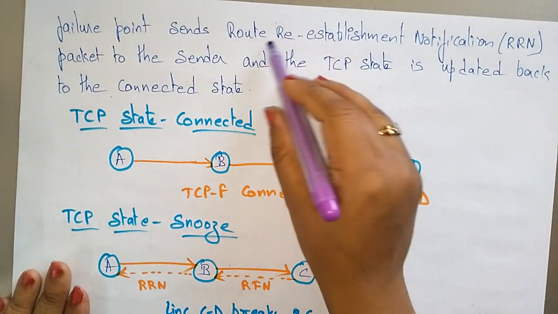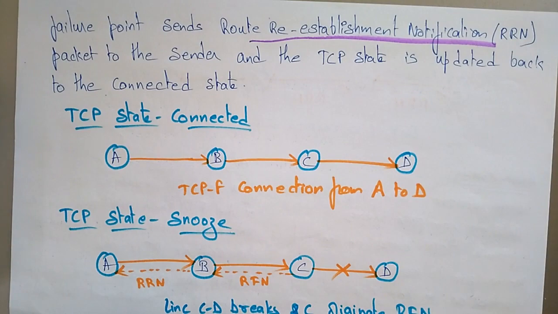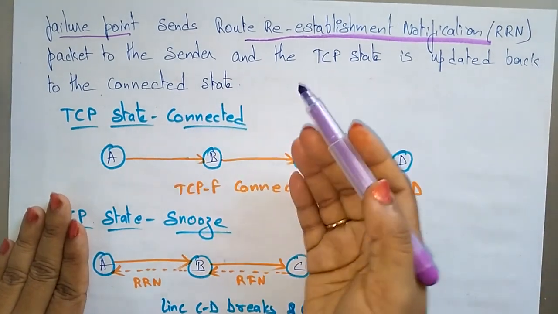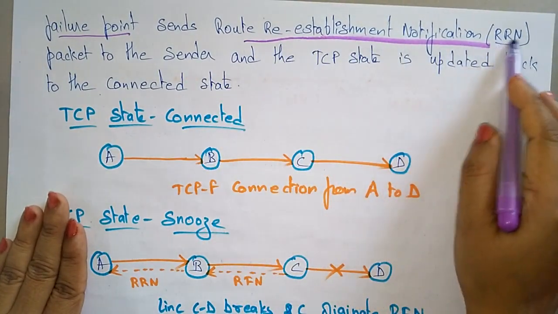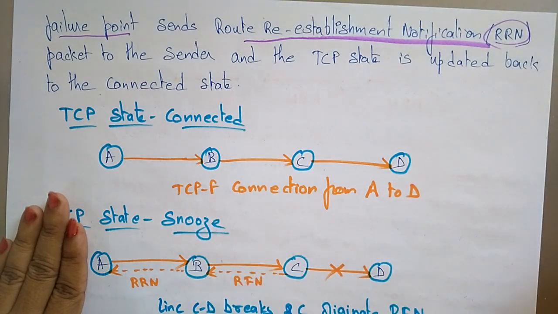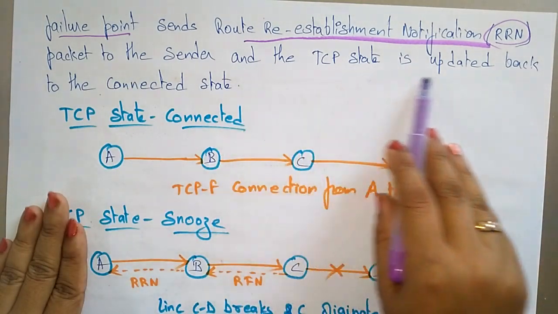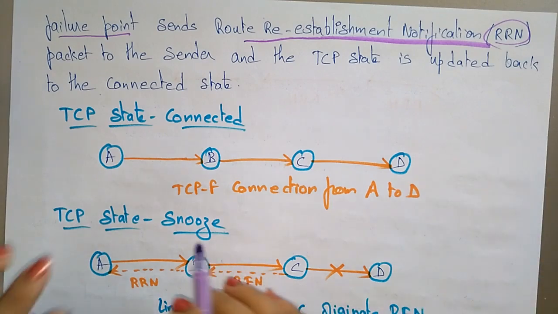After the snooze state, the sender becomes connected. First, the failure point sends a root failure notification. Next, it sends a root re-establishment notification packet to the sender, and the TCP state is updated back to the connected state.